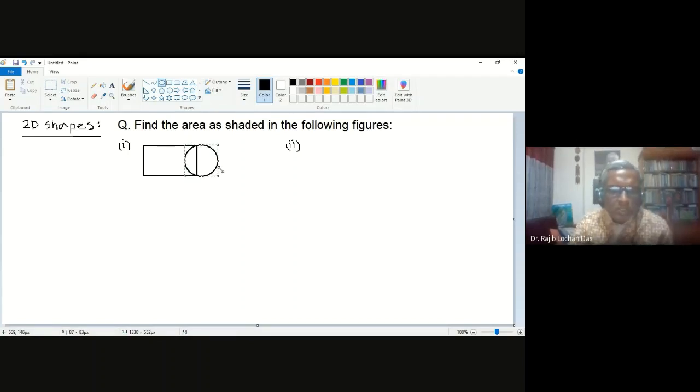The circle is here like this, and there is nothing here.